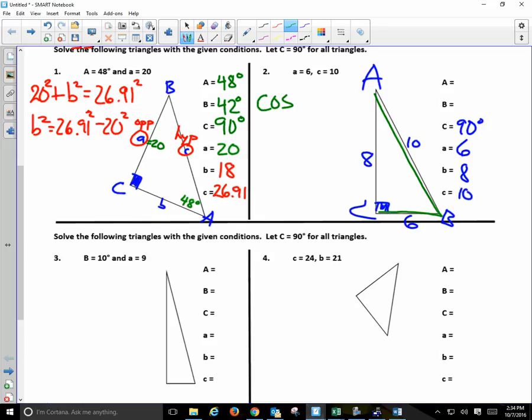Cosine what? B equals, ask me, what do I need to know? Ask me what cosine consists of.